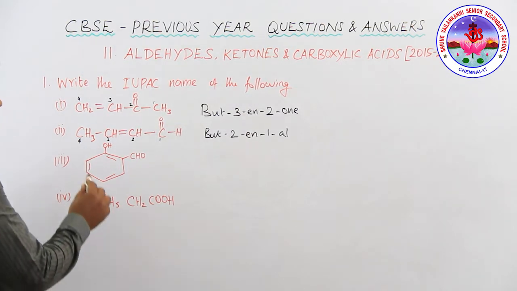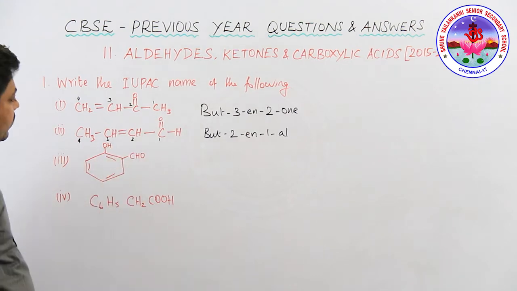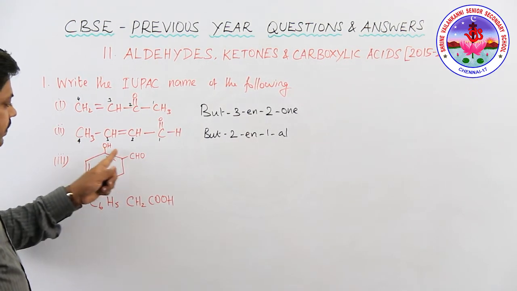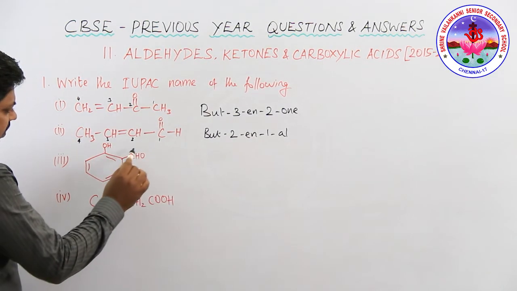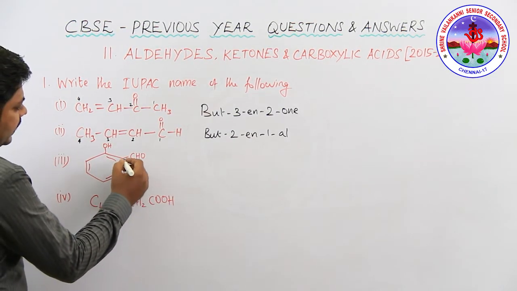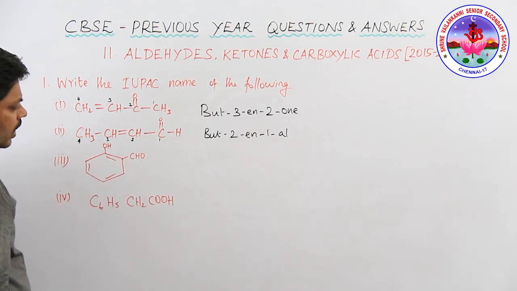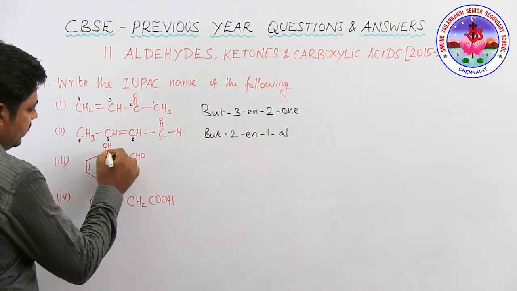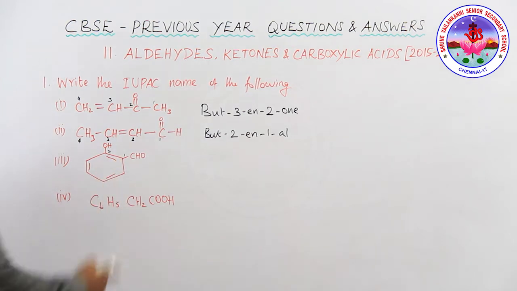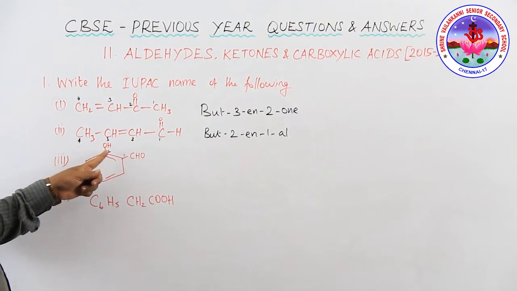Then look at this. The benzene ring contains one hydroxy and an aldehyde, so different functional groups are present. According to the priority, the aldehyde gets preference over the alcoholic group, that is the OH group. So this carbon is 1 and this is 2. The carbon bearing the aldehyde gets number 1, and the second position has the hydroxy.